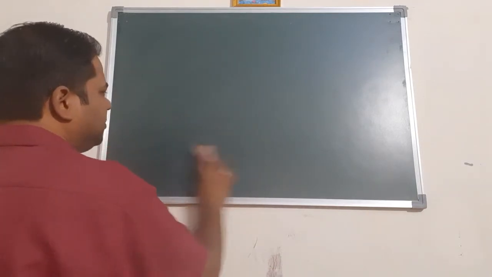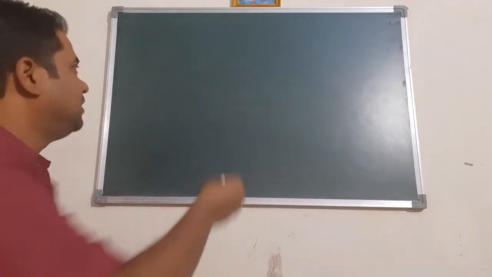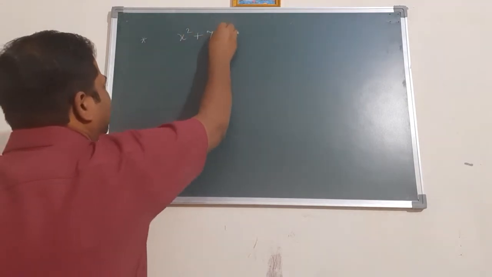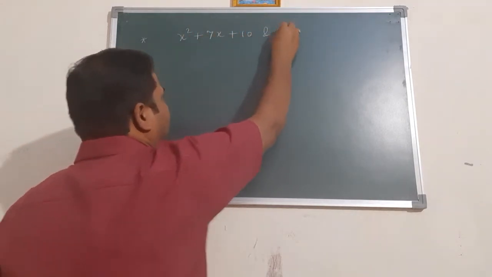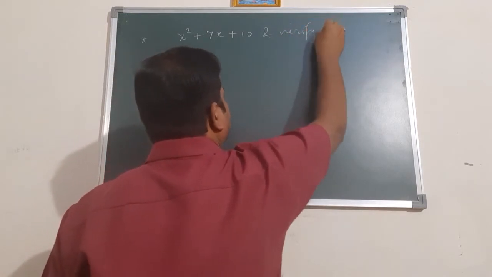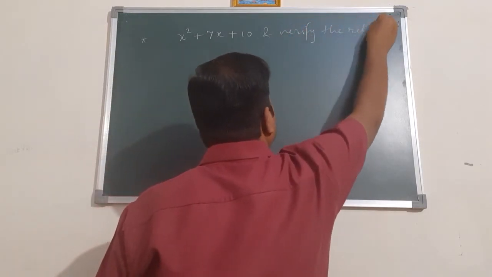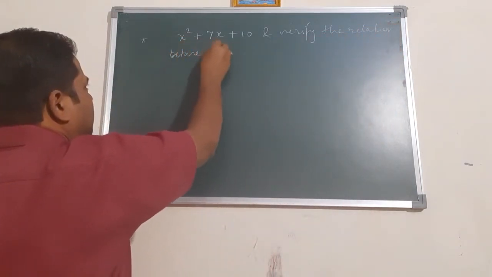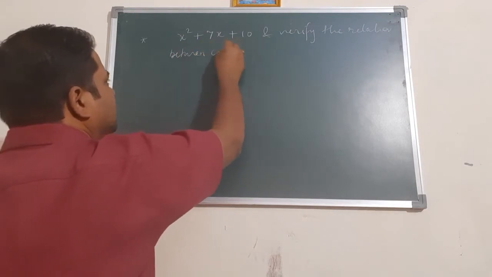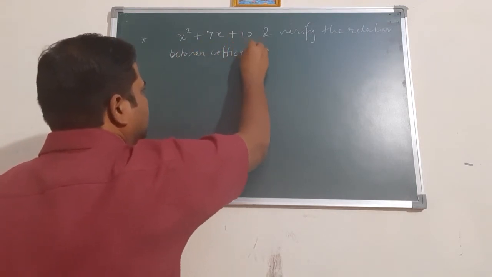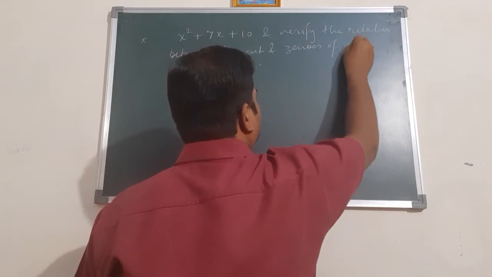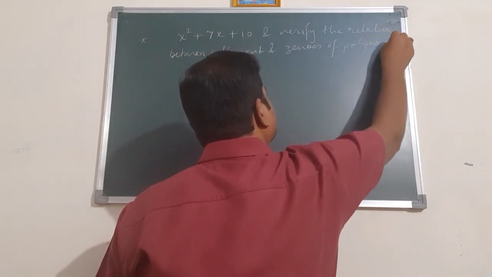Find the zeros of the polynomial x square plus 7x plus 10 and verify the relationship between coefficients and zeros of the given polynomial.